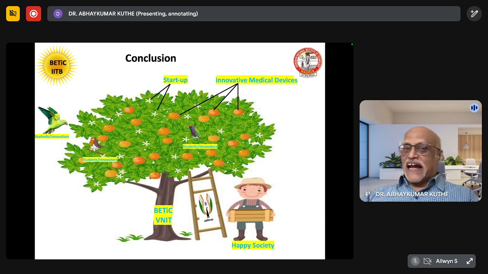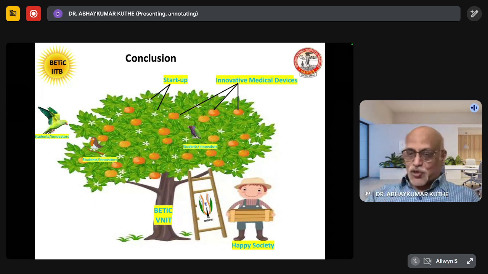That is what we call a startup. And this startup will yield the fruits, that is nothing but the orange fruit, which we call the innovative medical devices, which will be plucked by the people using this Atmanirbhar Bharat ladder, and the society will be happy. And all this is possible because of the sun, which is Batik IIT Bombay, with which we are collaborating. So ultimately, this is the tree which we generally show.